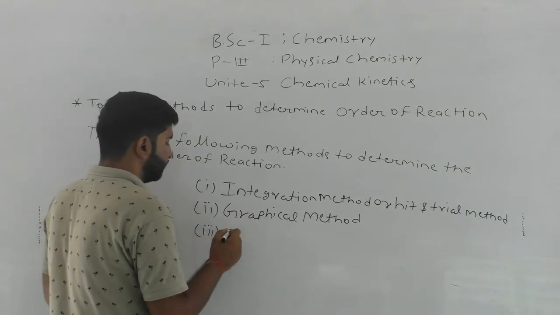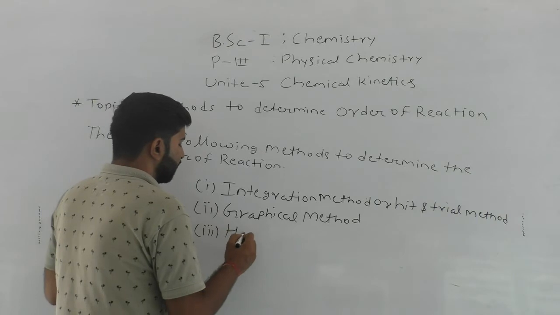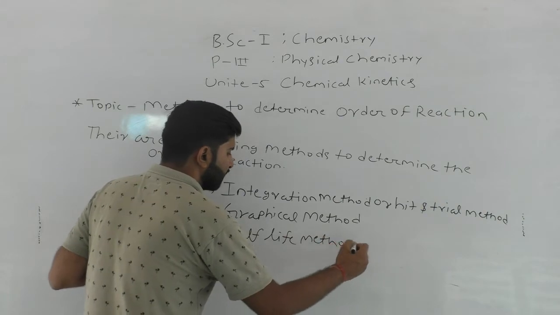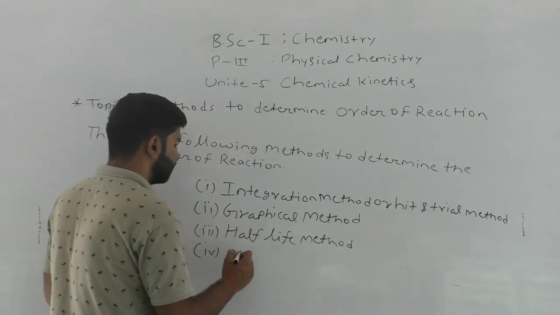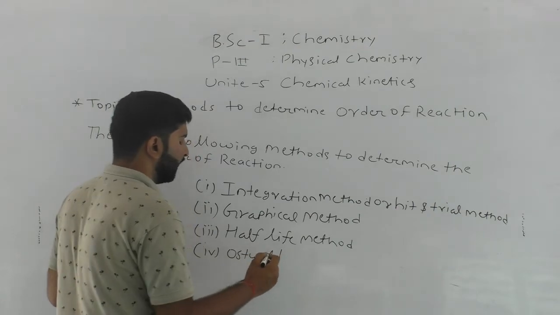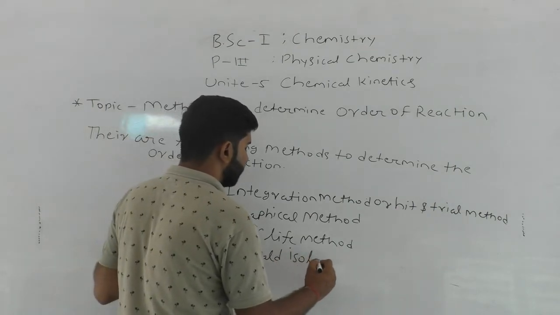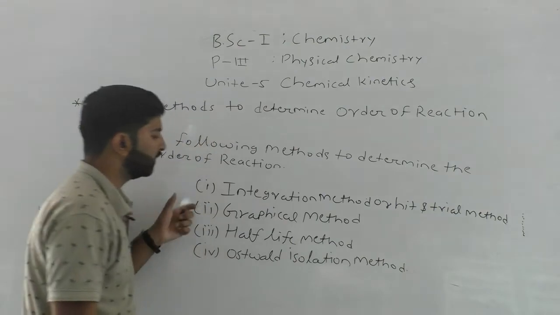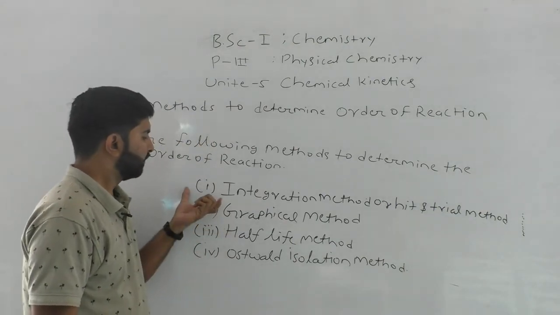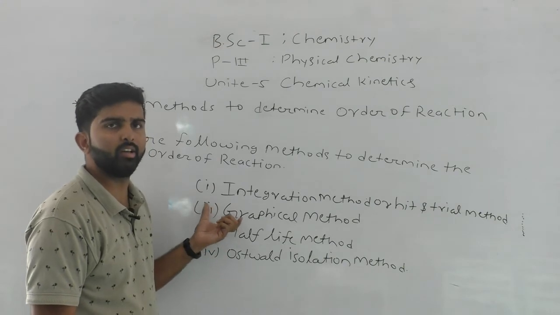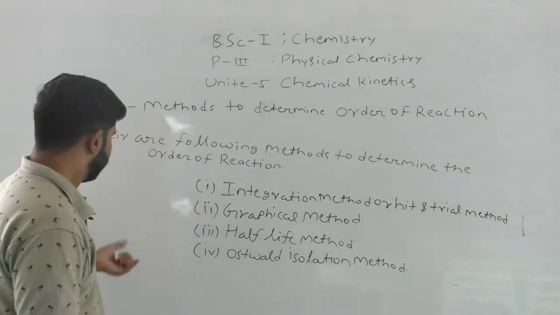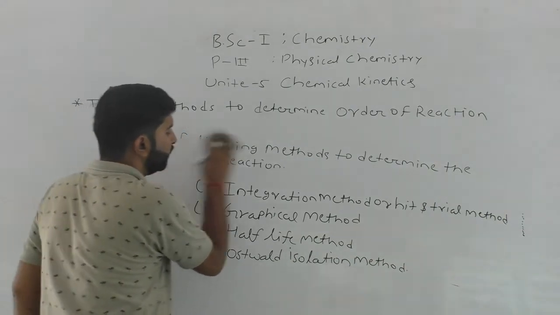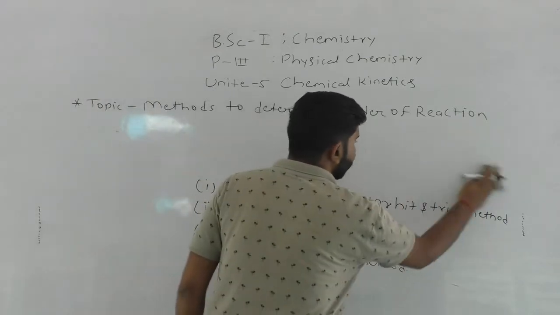Third method is the half-life method, and fourth method is the Ostwald isolation method. So these are the four methods which we use to determine the order of the reaction. Now we take the first method, which is the integration method or hit and trial method.